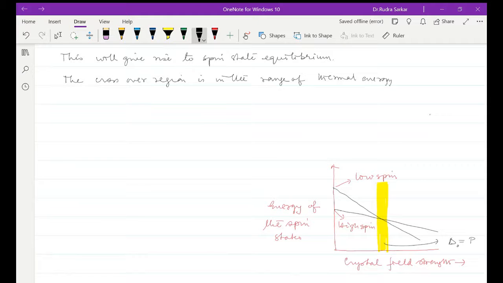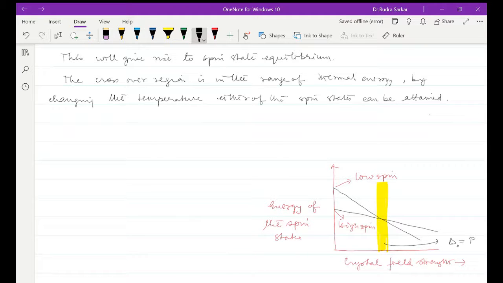So this means by changing the temperature, either of the spin states can be attained, or we can say the equilibrium can be shifted towards that.